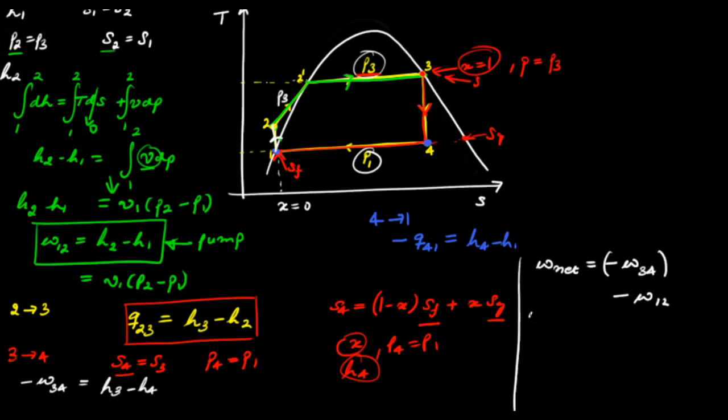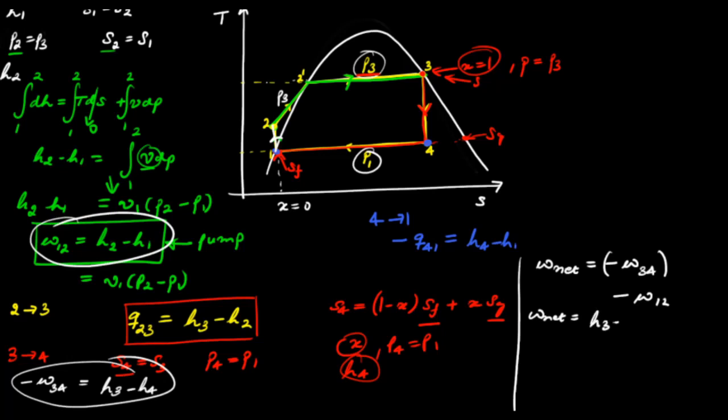So from here and here we have H3 minus H4 minus H2 minus H1, and this is also equal to H3 minus H2 minus H4 minus H1.